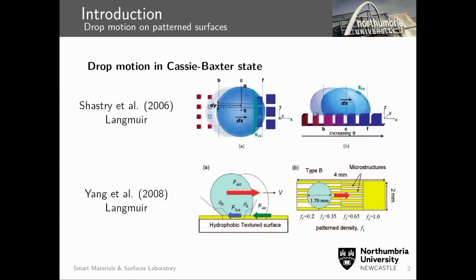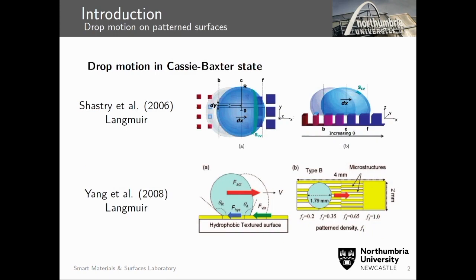So one way of creating a wettability gradient is to use textured surfaces. You take your flat surface and put very small pillars on top of it, on the order of 10 microns width, roughly. And you put your drop on top so that it lies only on the top of the pillars.